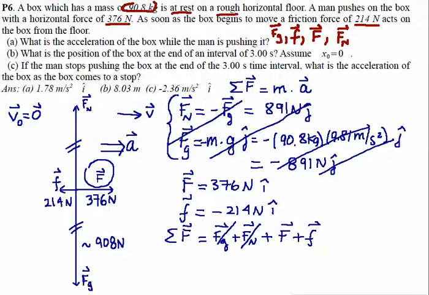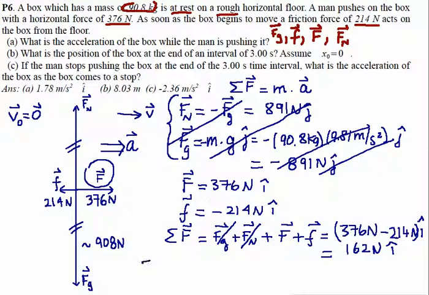And so I'm left with 376 newtons minus 214 newtons times i hat, which is equal to 162 newtons to the right.